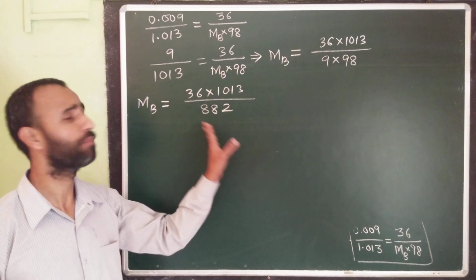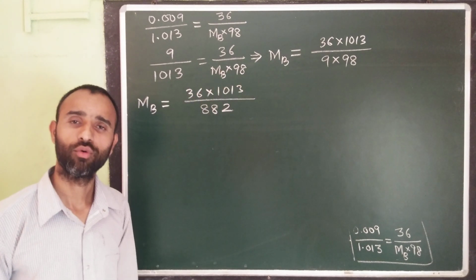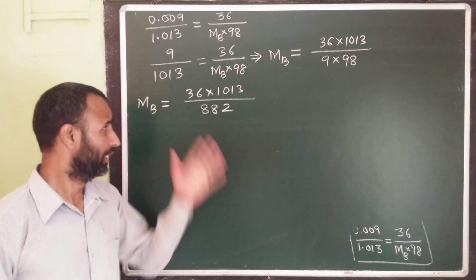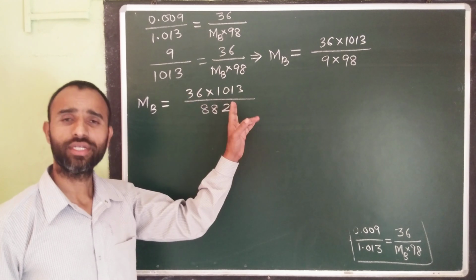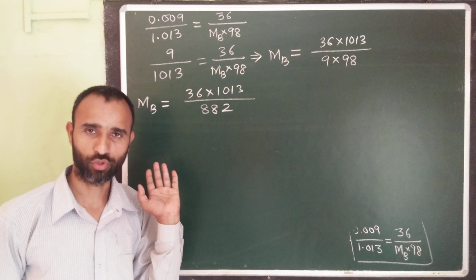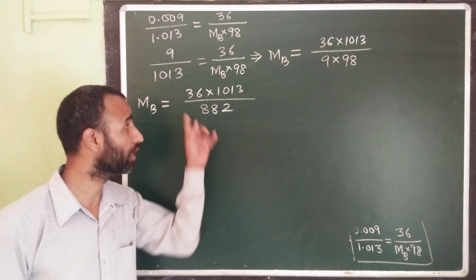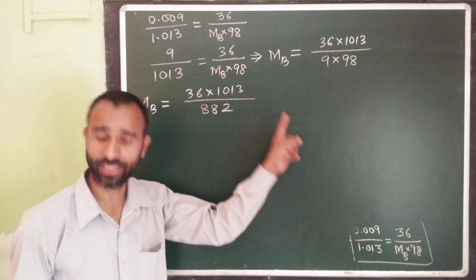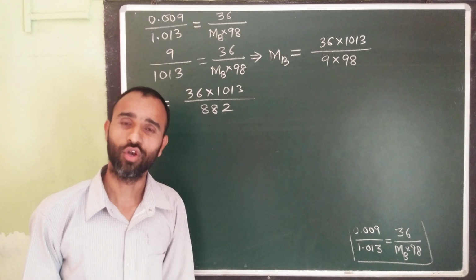Now this is the part we have to make calculations. If you can calculate it by multiplying and dividing, no problem, no issue at all. But if you are not able to calculate it further, then go for log table.